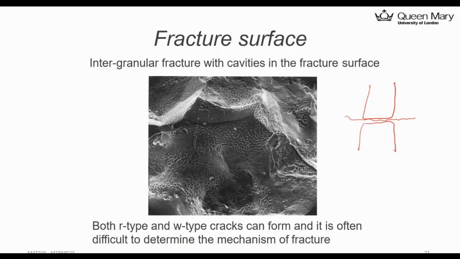But you can see the clear wedge shapes with a triple point, and this surface must be from the cavity. And these small dots here are more from the R-type round-shaped cracks, because you think some cavity formed here, and also some cavity formed between the grain boundaries, probably here.